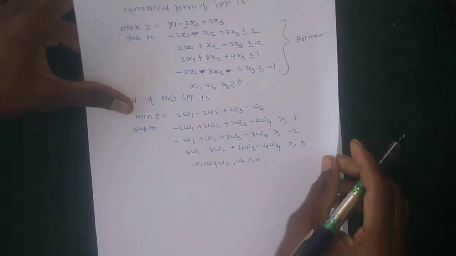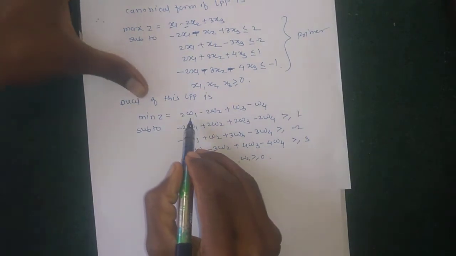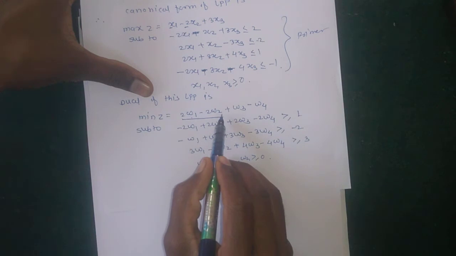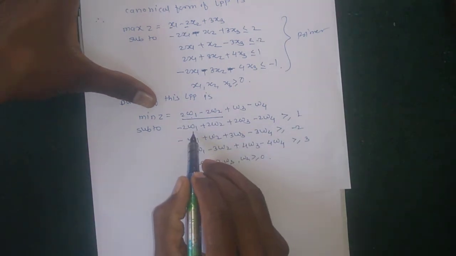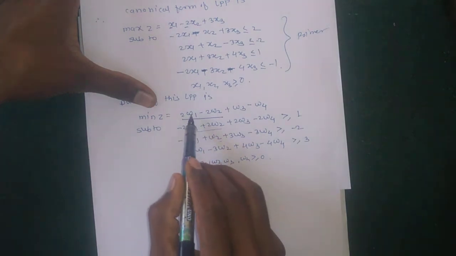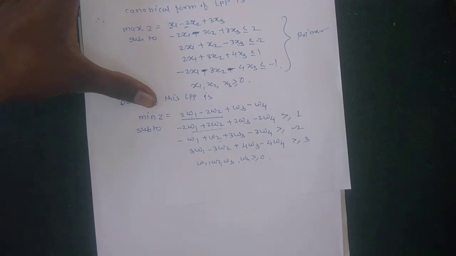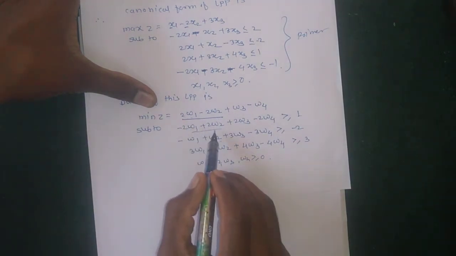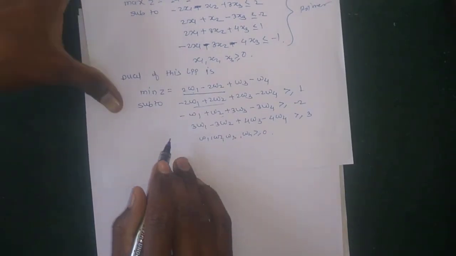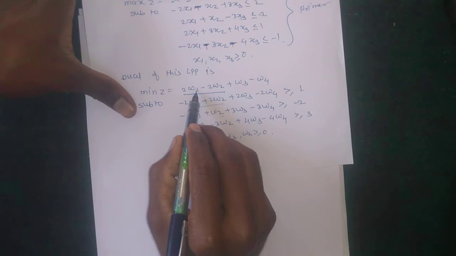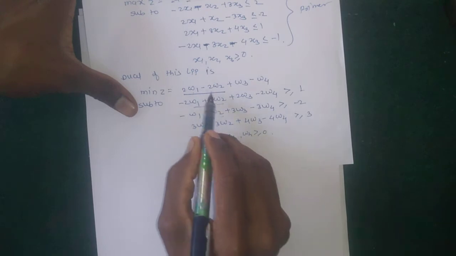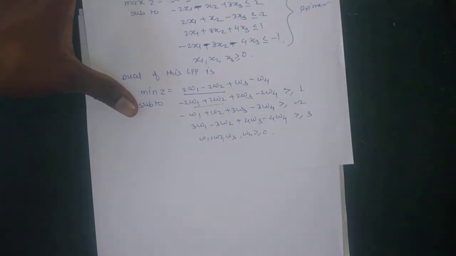Okay, so here clearly we see that in the first two variables, w1 and w2, the coefficient is common in all three conditions, so the remaining is only w1 minus w2. Put w1 minus w2 equal to w dash.